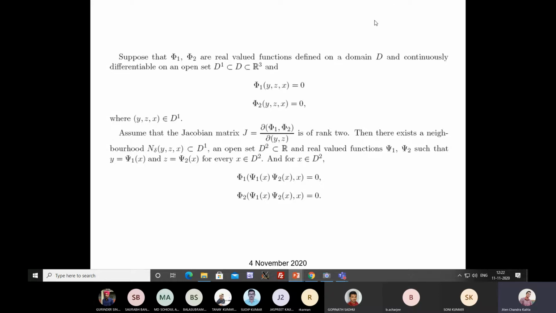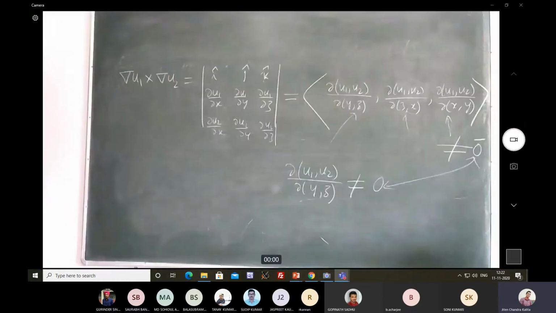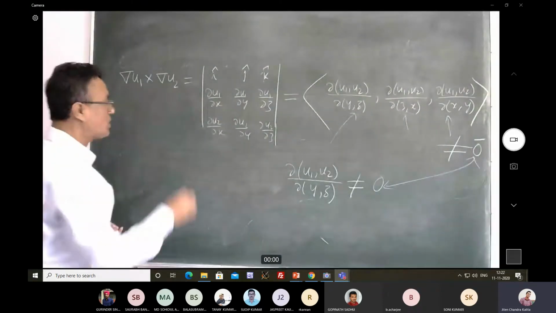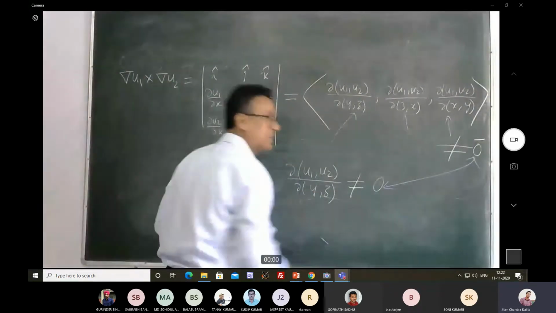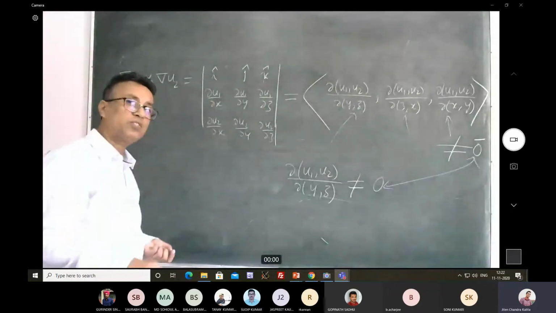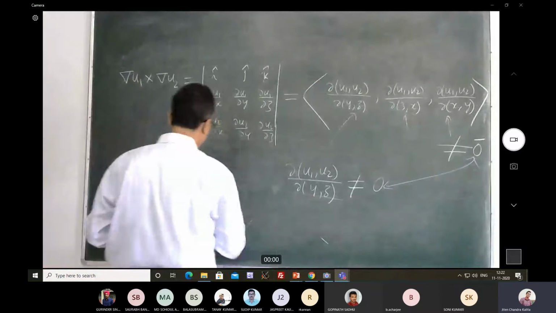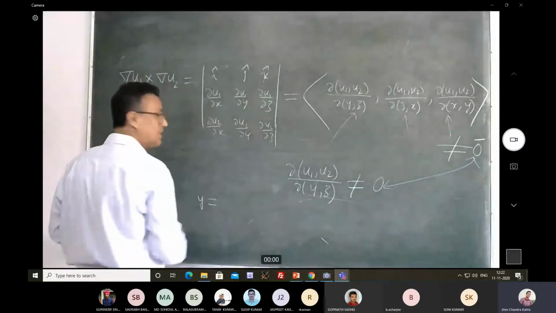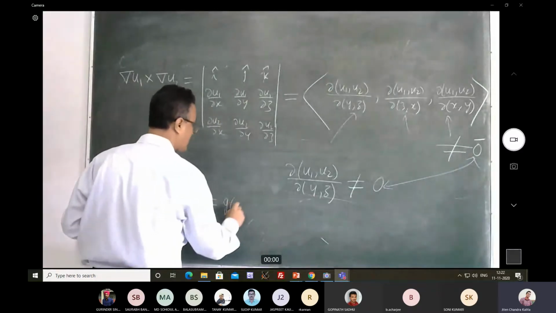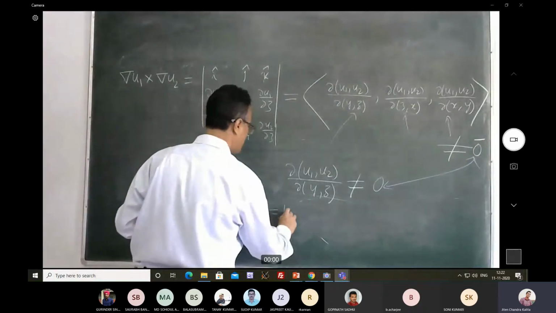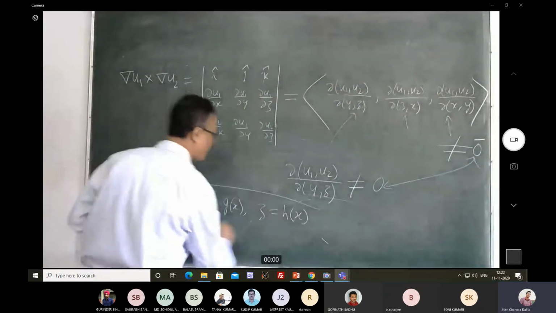Okay, fine. So I think now I have been able to convince you that this is a consequence of the implicit function theorem. It asserts that I can express y as a function of x and z also as a function of x.